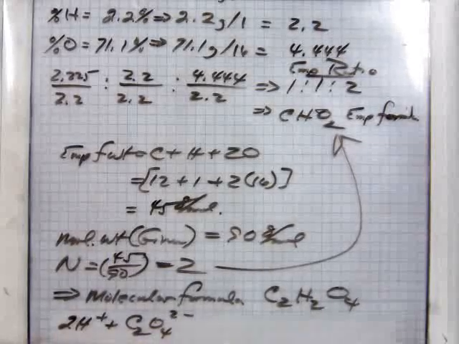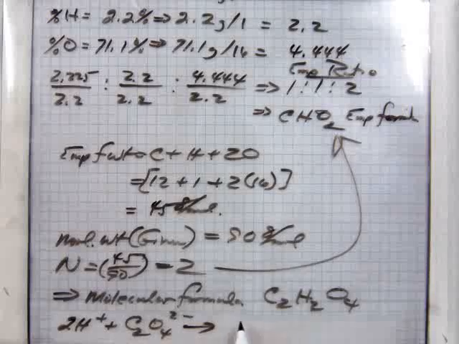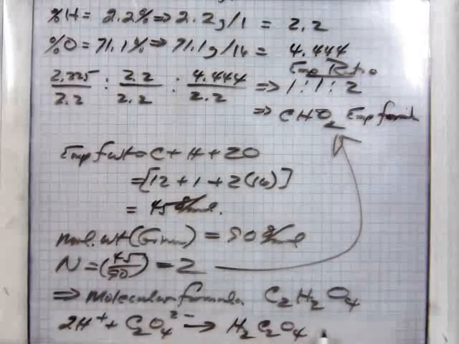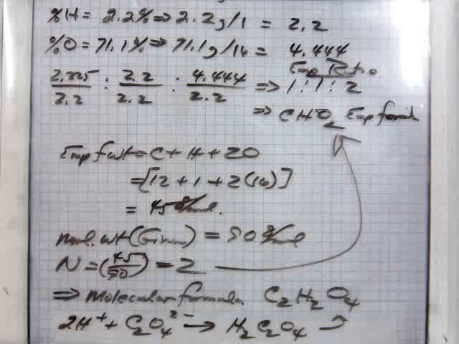You remember that from hopefully your polyion collection. And so that gives you H2C2O4. That's the molecular formula for oxalic acid. So that's the basis of dealing with empirical formulas and converting them to molecular formulas and what have you.